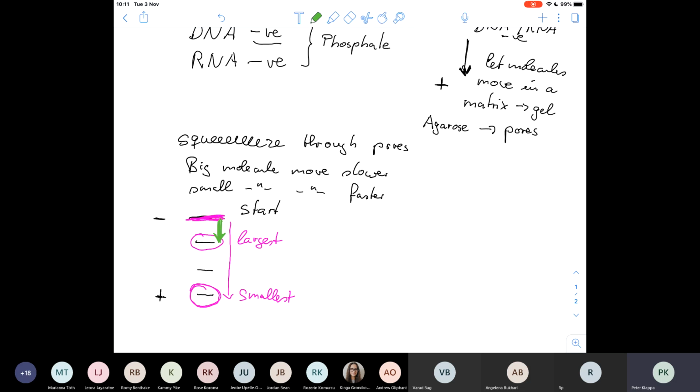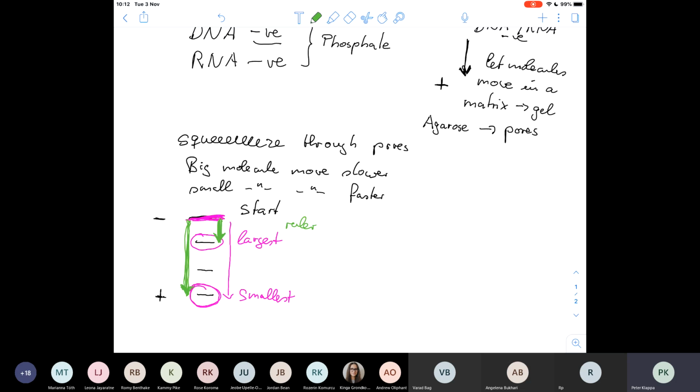You just take a ruler and measure the distance from the start to the band. So you would do these measurements like that, and you get a nice set where you can look at how far a molecule has moved.